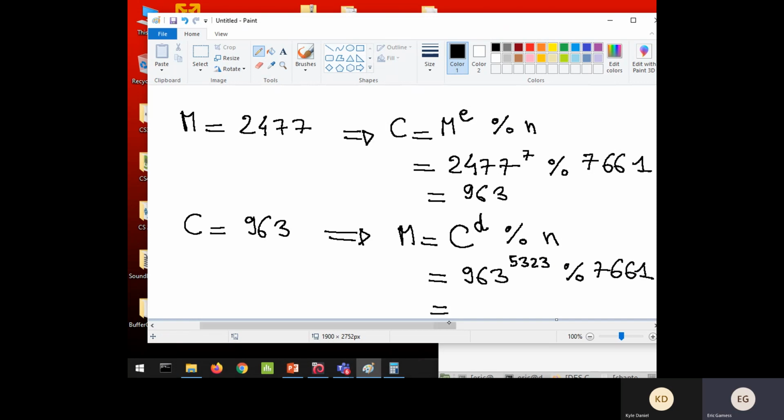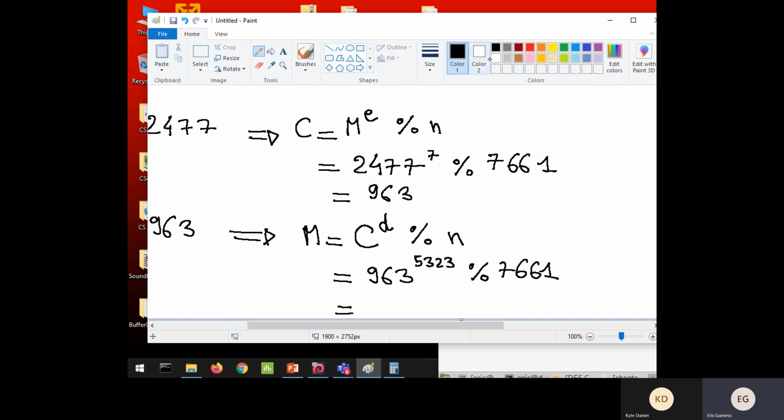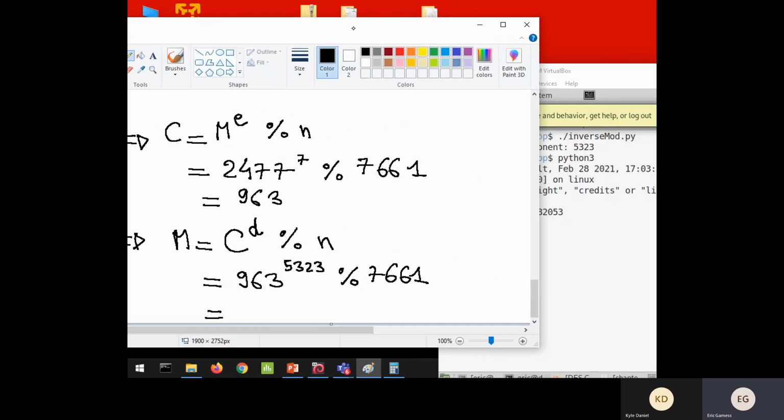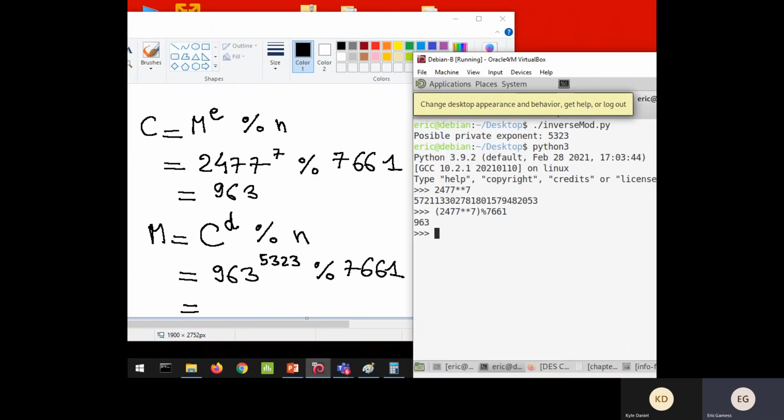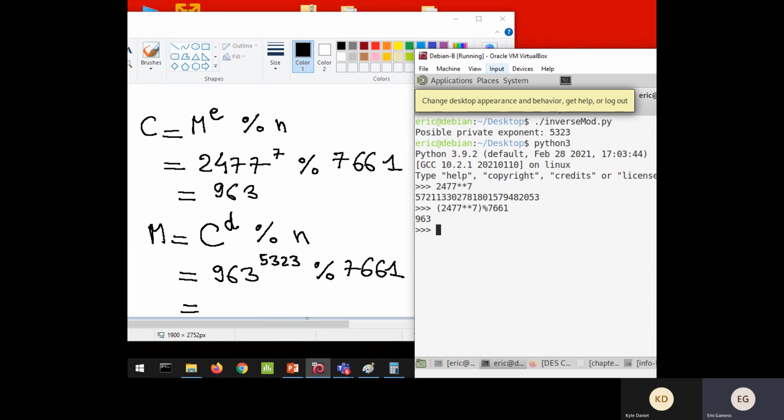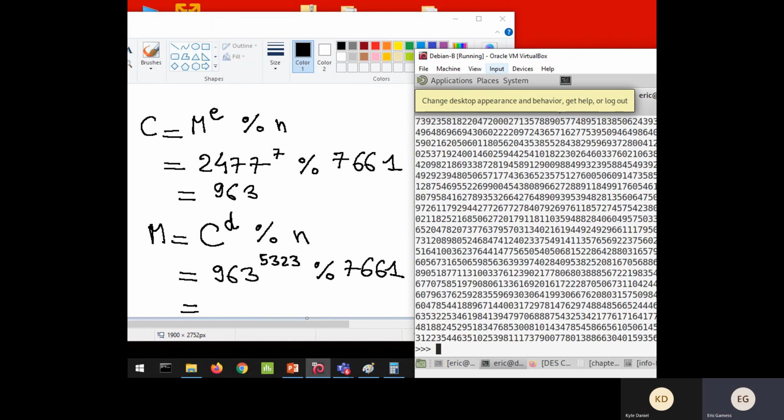Of course, this number is going to be very large. So 963, which is the ciphertext, to the power 5,323. Let's just see how big it is.